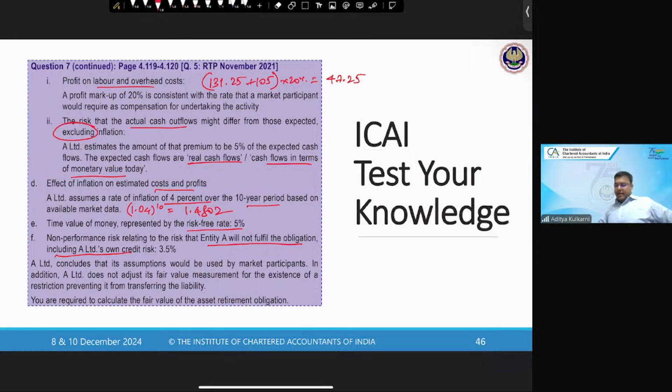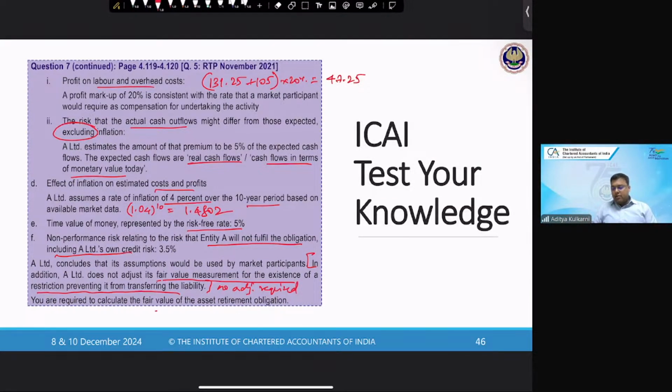In addition, A Limited does not adjust its fair value measurement for the existence of a restriction preventing it from transferring the liability. So this is correct. You don't have to do anything. No adjustment required because they have said that restriction on transfer should not be considered separately.